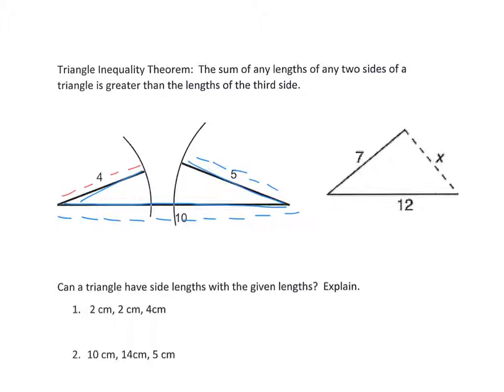So if I look at this triangle, the different options that this side could be: it couldn't be 4, because 7 plus 4 is less than 12. It wouldn't close. It couldn't be 5, because 7 plus 5 equals 12. So it needs to be more than 5.